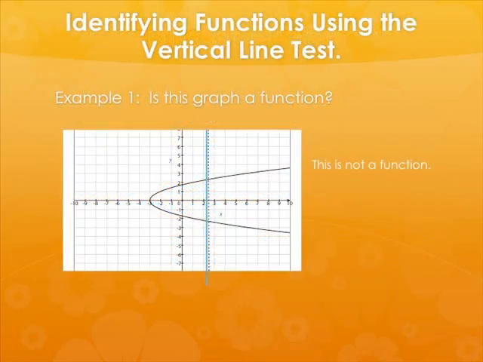Here we have a parabola that's reflected about the x-axis, and we use the vertical line test to see if this is a function, and from what we can see, it is not a function because it touches the line in 2 specific points on this graph.